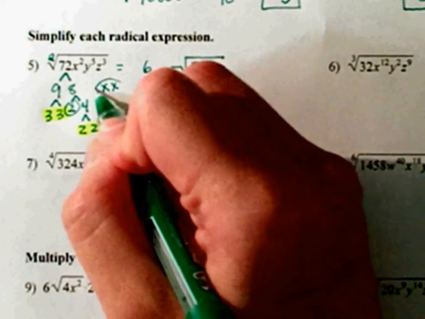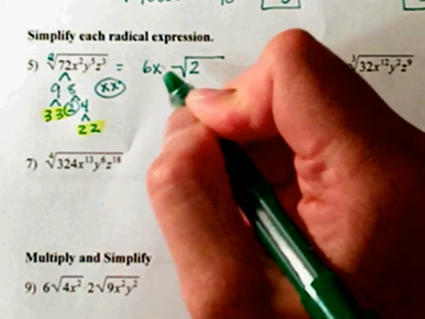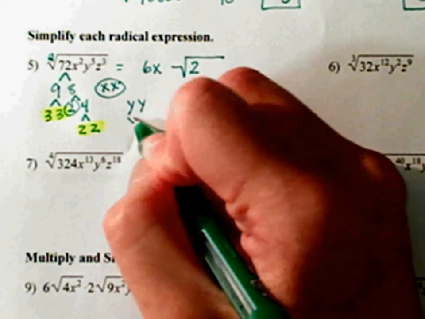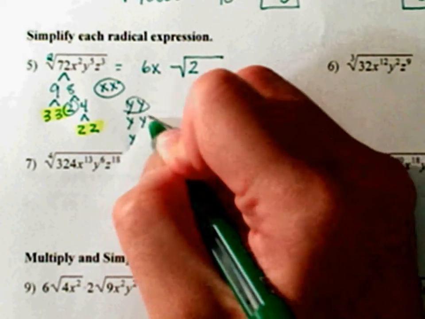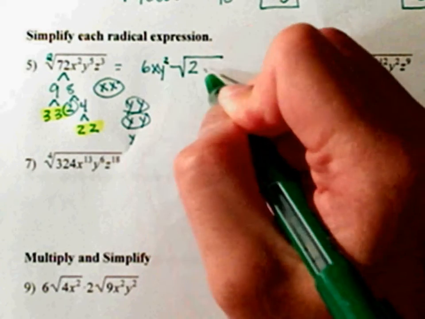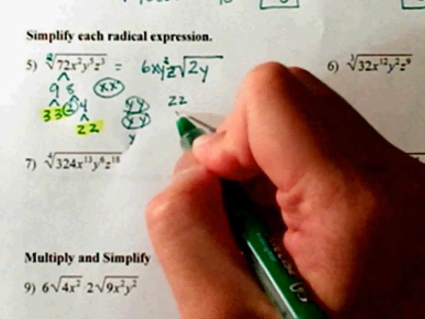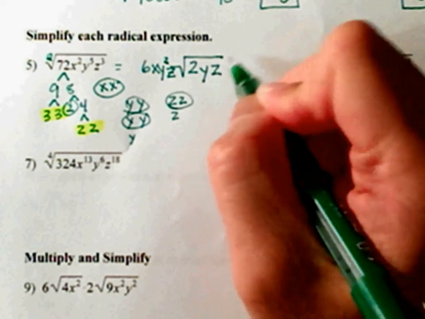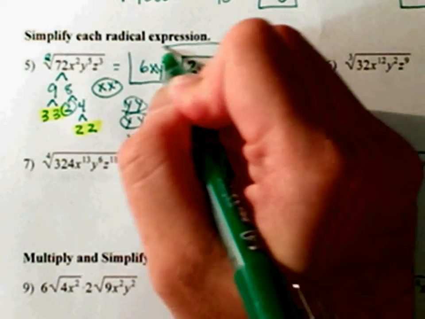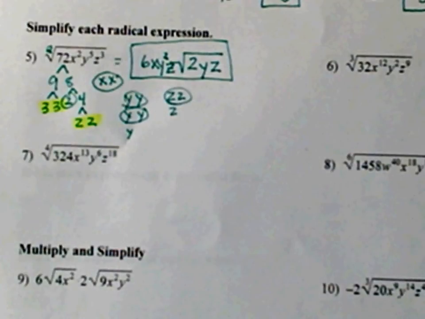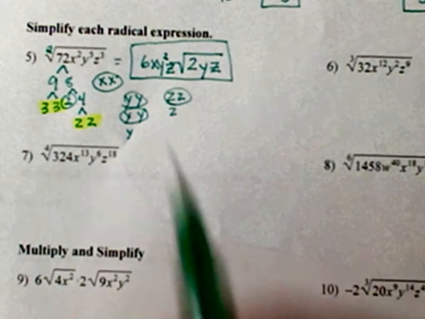I got a pair, it comes out. I have 5 y's. I have 2 pairs, with 1 staying home. I got a pair of z's, with 1 staying home. So there's your answer. 6x squared z square root of 2yz. Okay? Let me put that there so it looks like a z.